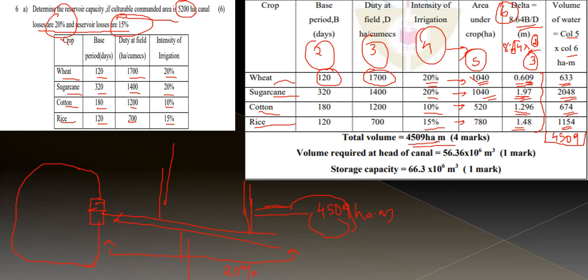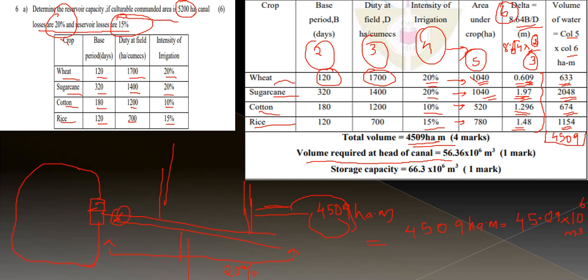So the volume of water required at the head of the canal is equal to 4509 hectometer, which is equal to 45.09 into 10 raised to 6 meter cube.